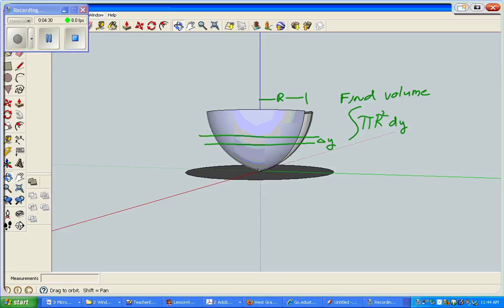If you're looking at that radius, can you see that that radius in this case, is it pointing in the x direction or is it pointing in the y direction? Can everybody see it's pointing in the x direction?